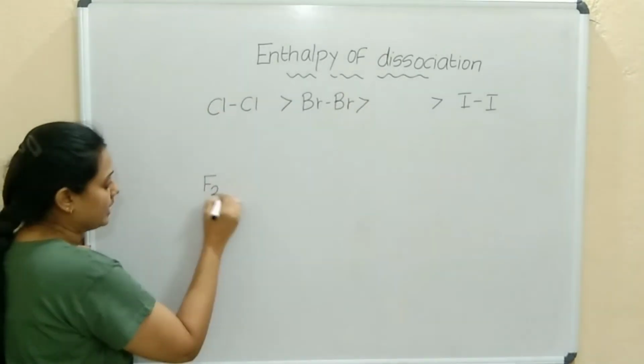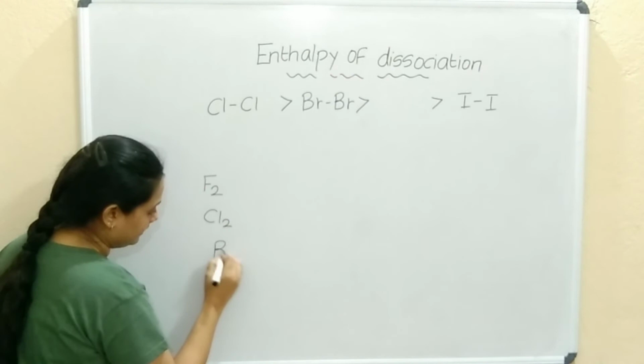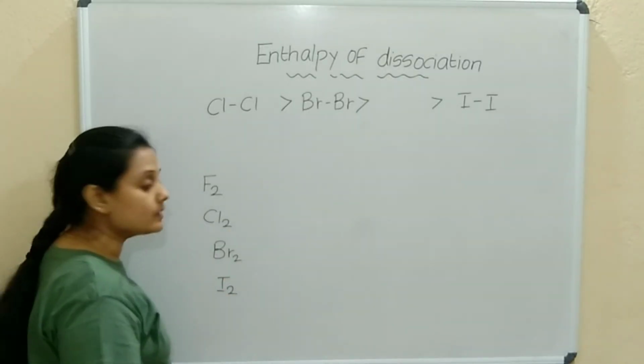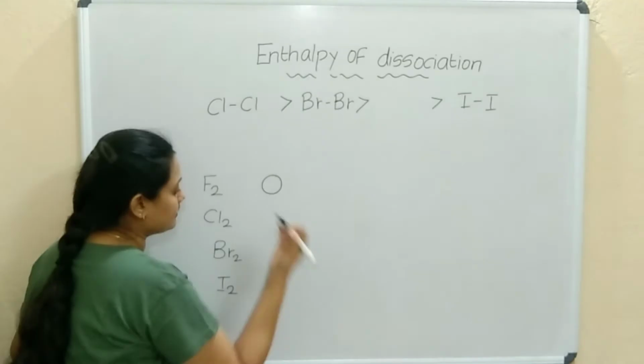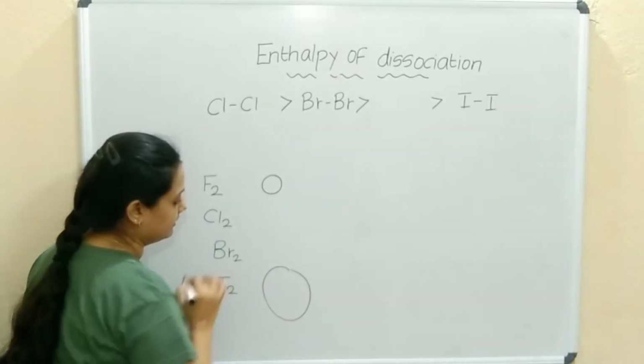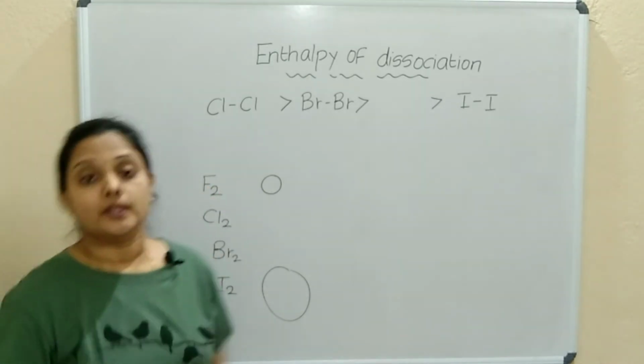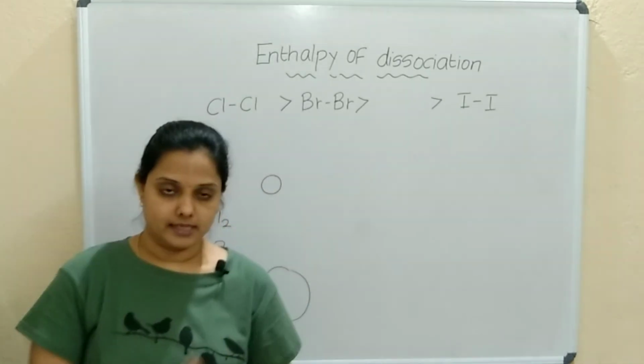As we move down the group, what is happening? The size is going on increasing. This is for fluorine, suppose this is for iodine, I2.